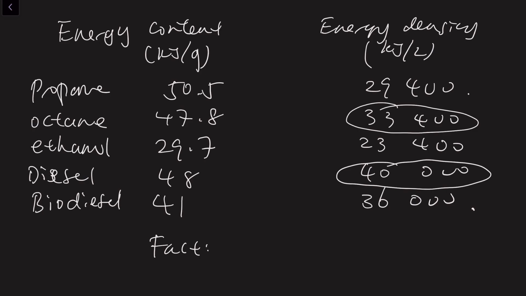Because of this, diesel cars use less fuel to travel the same distance, since diesel fuel can produce more energy per liter compared to petrol. Usually diesel cars have 20 to 40% better fuel economy than petrol cars. A diesel car can easily do 6 liters, 7 liters per 100k, whereas for petrol cars, usually it's around 10 to 11.